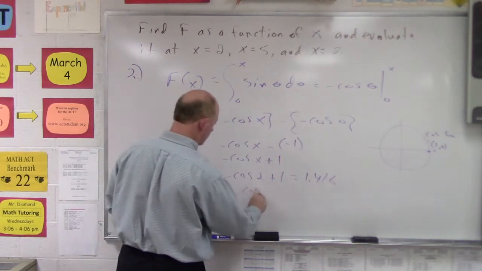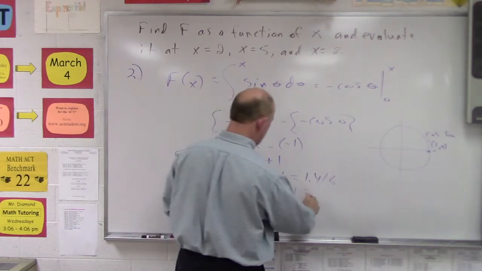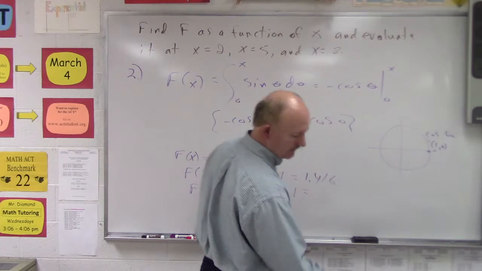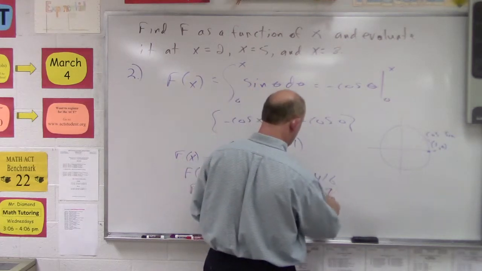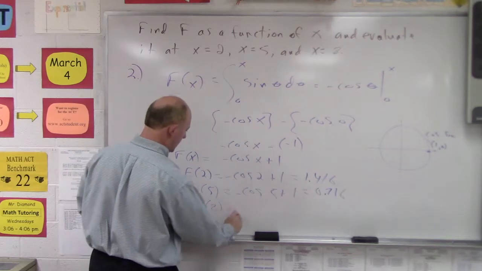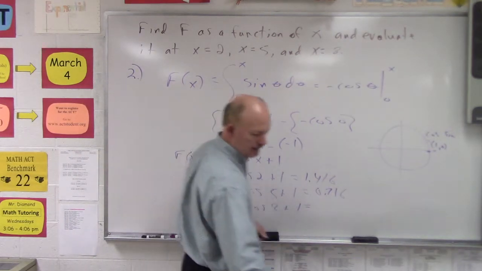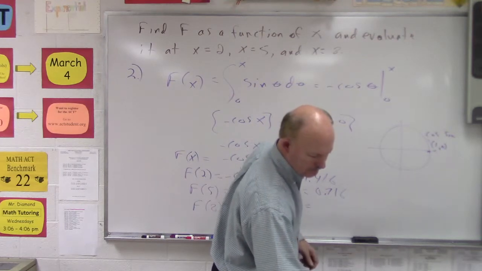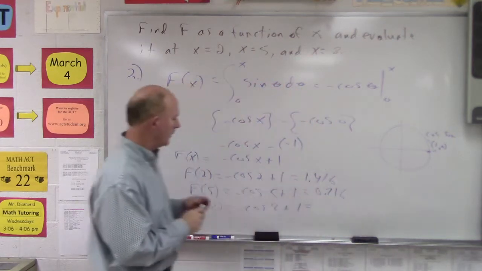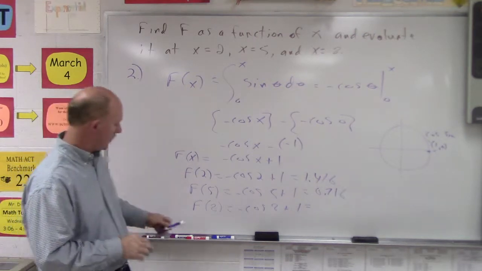It'll be negative cosine 5 plus 1, which is equal to 0.716. And we'll do one more. The function at 8 is negative cosine 8 plus 1. I'll let you do the last one; if you have a calculator, you can punch that up on your own.